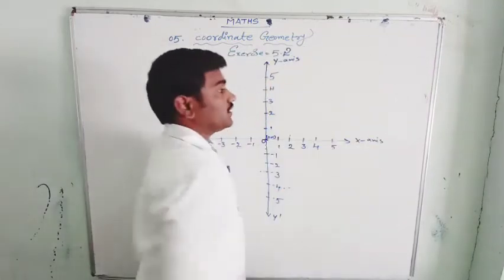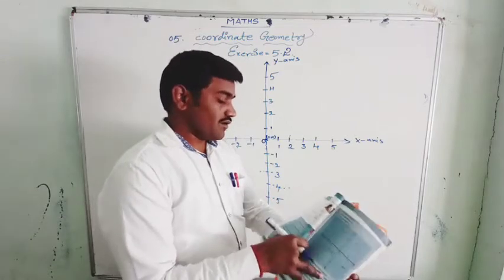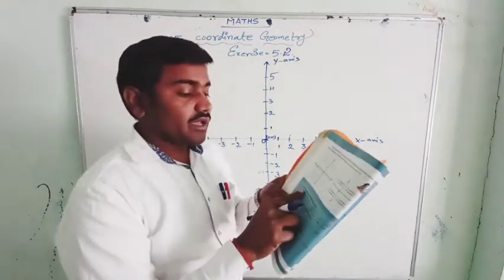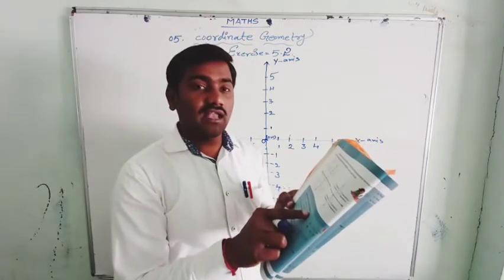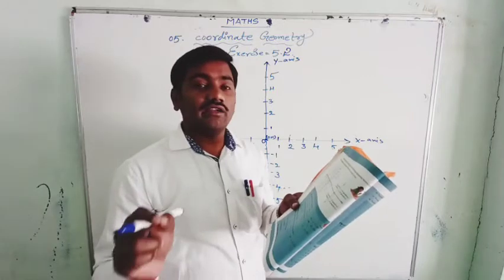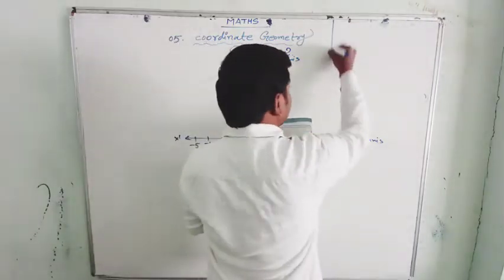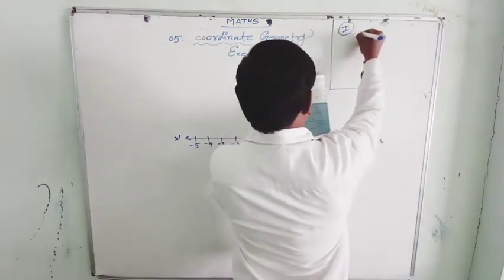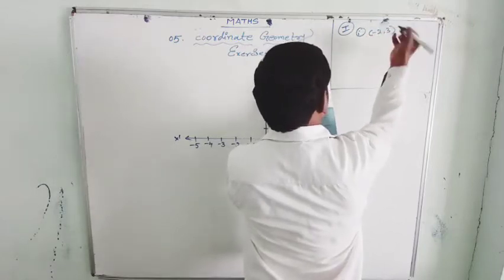Okay, now let's go to exercise number 5.2. Now write the quadrant in which the following points lie. The question number 1, first bit: question number 1, minus 2 comma 3.